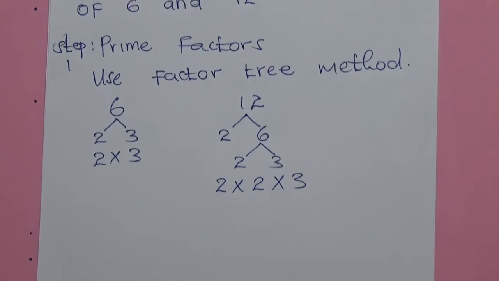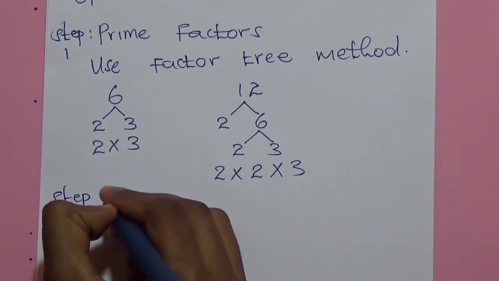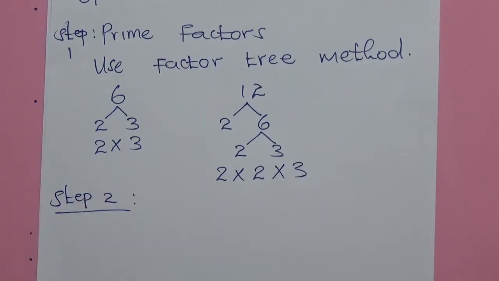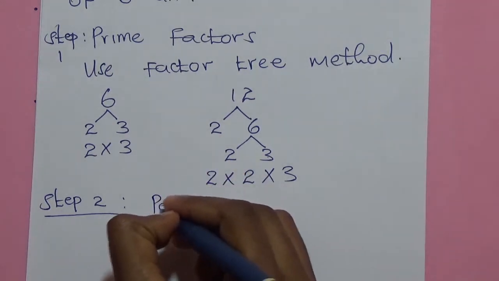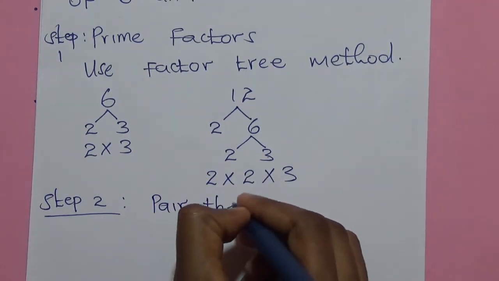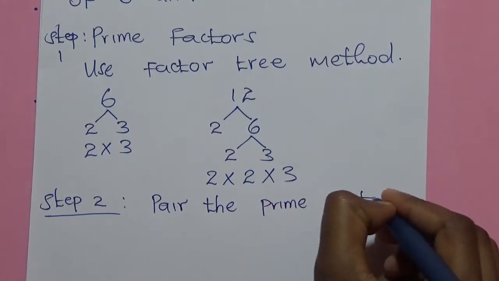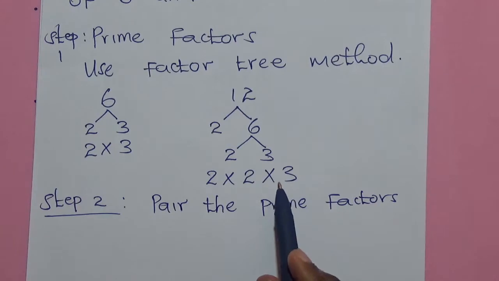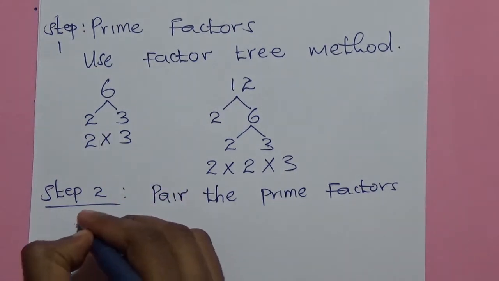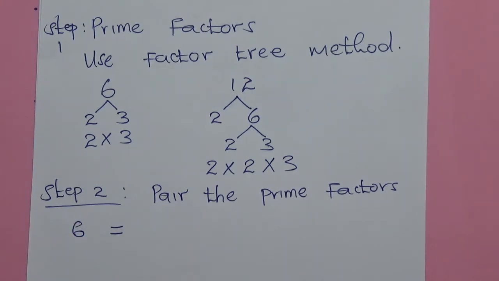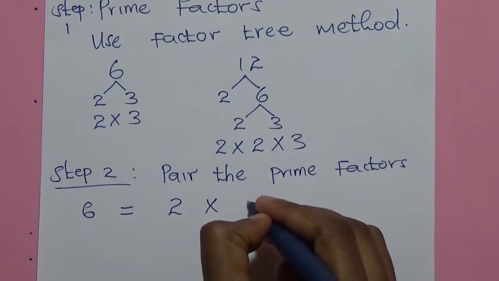Now, the next step, step number 2, in finding the GCD is to pair the prime factors which we have calculated. So the prime factors of 6, we have seen is 2 times 3.